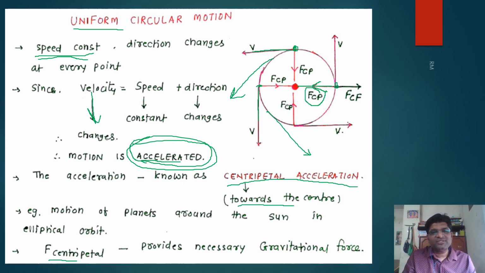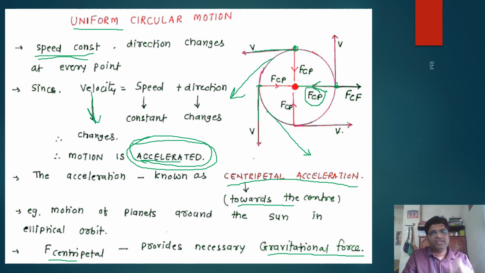That force is provided by the gravitational force, because if there were no gravitational force between the planets and the sun, then the planets would move along the direction of the tangent and ultimately keep on receding away from the sun, and they would lose their circular or elliptical path. Okay, so the centripetal force is the force towards the center.